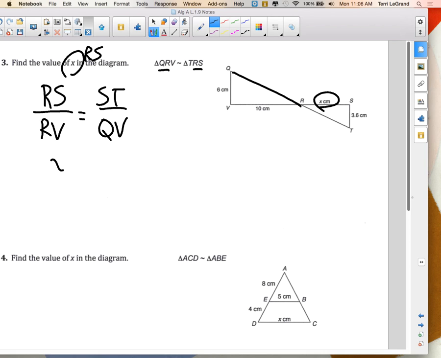So X is our RS, our RB is 10. What's our ST? That is 3.6. And QB is 6. Okay. Good setups, then good substitutions, and now this is old hat. Solve your proportion.